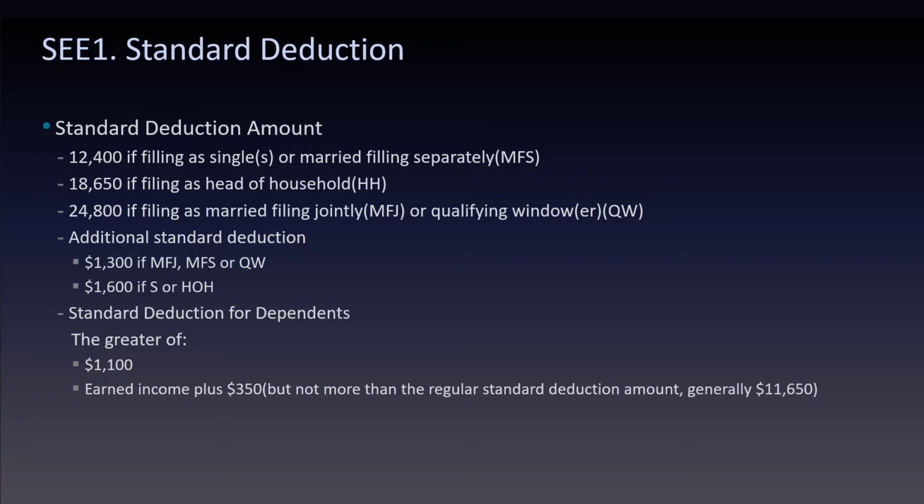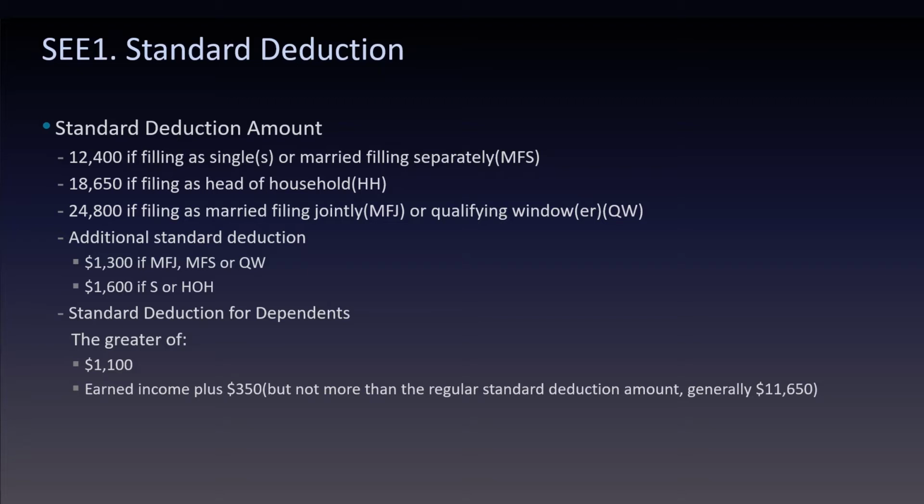The basic standard deduction ensures that all taxpayers have at least some income that is not subject to federal income tax. The standard deduction generally increases each year due to inflation.